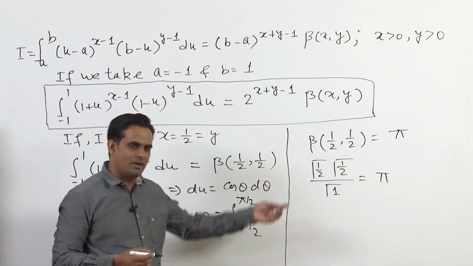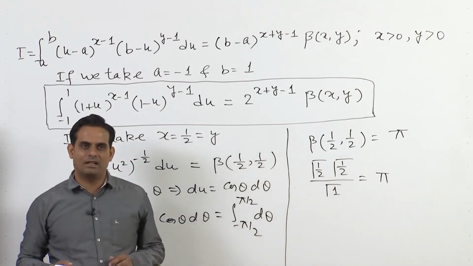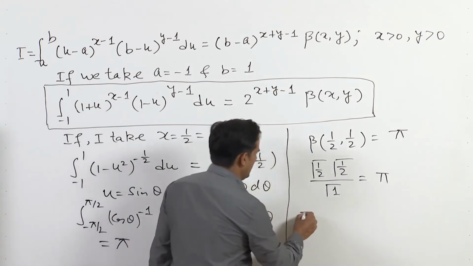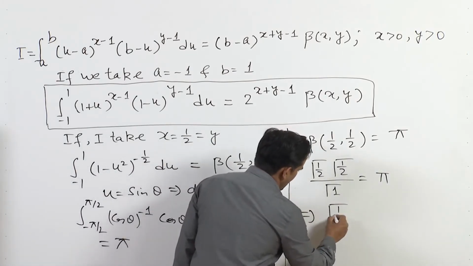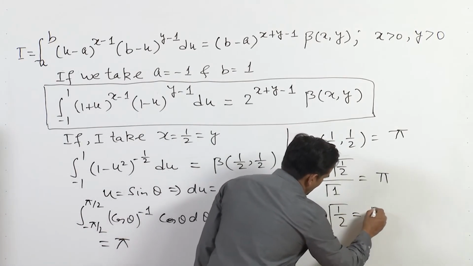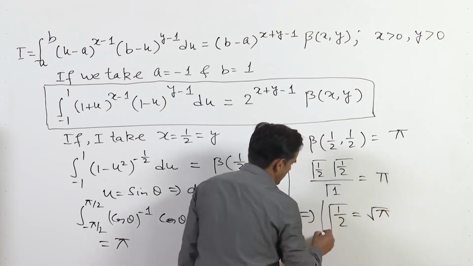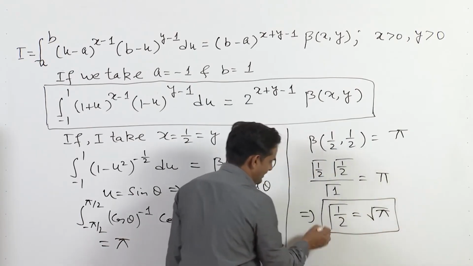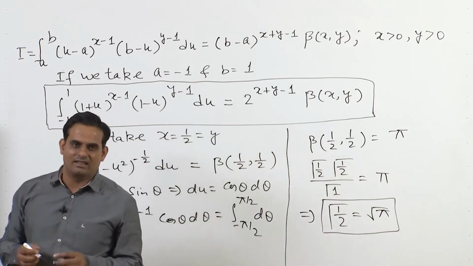So, it means gamma 1 is 1. So, gamma half square equals pi. So, from here again we get our famous relation that gamma half equals root pi. So, we ended up with this relation.